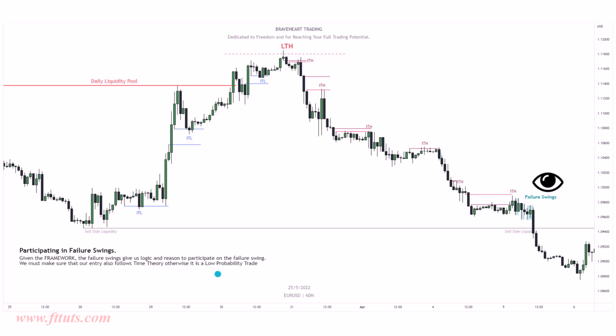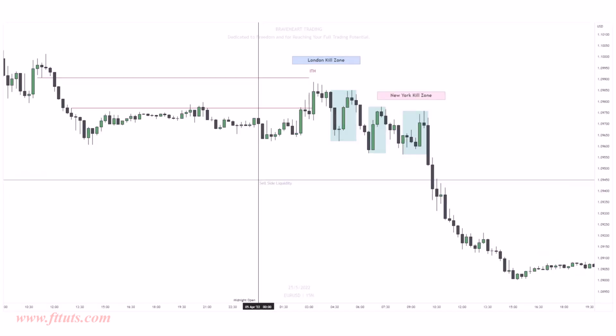So, like I've said countless times, price moves in business hours. Those business hours are London, New York. And anything outside of those business hours, you'll see price be inactive. So here we have intermediate term high, breaks lower, taking out the short term low. We know that might offer retracement.